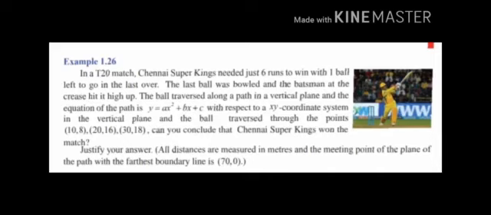We are going to calculate this one, and also they have asked that all distances are measured in meters and the meeting point of the plane of the path with the farthest boundary line is 70, 0, and we are going to find out whether Chennai Super Kings won the match or not.